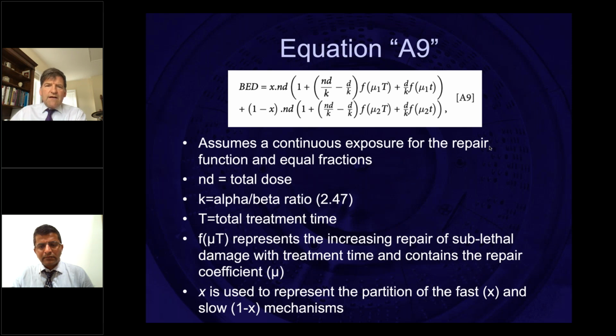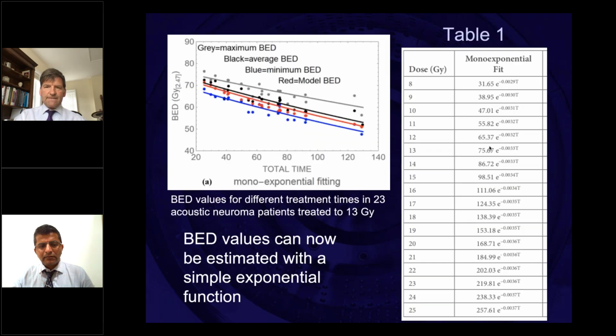So this allows you to estimate the mean BED of your prescription isodose. And this is the method that was used by the Mayo Clinic to publish the papers on pituitary adenoma and AVM. So it's a very usable equation that can be applied to your data.